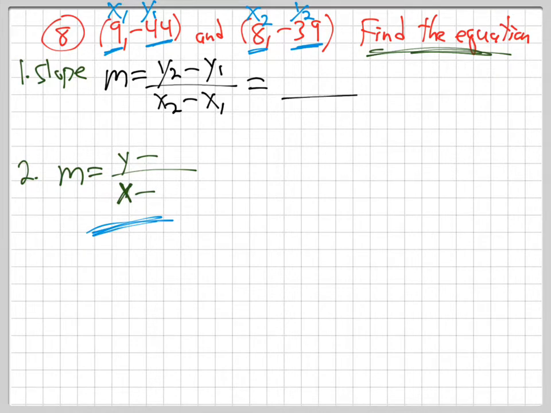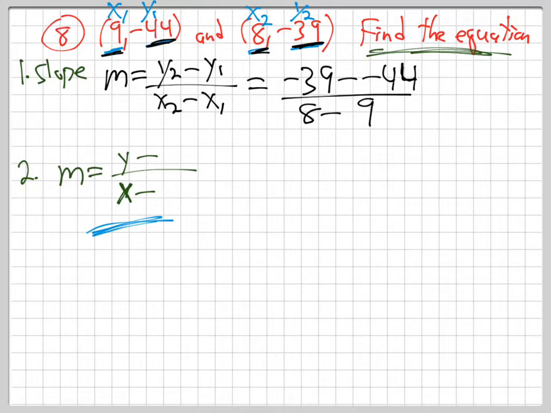Okay, so let's try it. So y2, so watch the order we have up there. y2, that's minus 39, subtract y1, which is minus 44. So watch the little stuff. Subtractions, negatives, right? You see those right there? Yeah, order of things, right. On the bottom, x2, 8, subtract x1, 9.